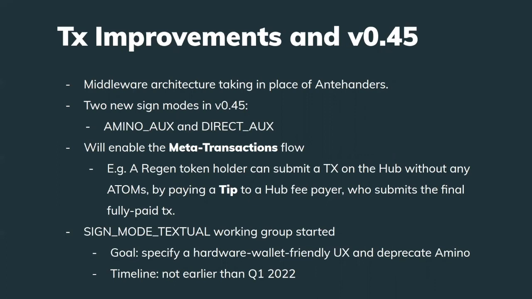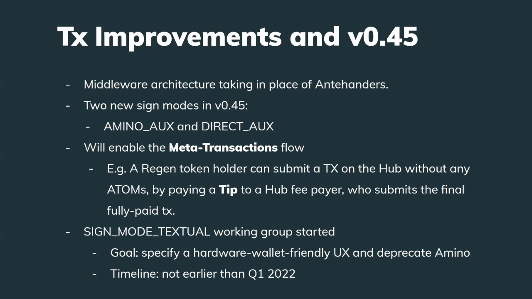We'd initially wanted to implement this new auxiliary sign mode as part of this larger sign mode textual work, where we think about what the future of a hardware wallet friendly sign mode is. But that specification work seems to require more rigorous design and conversations with, in particular, the Ledger team, our friends at Zondax, who are working on the Cosmos Ledger app, as well as some other client developers, just Simon from the Cosmos JS team.